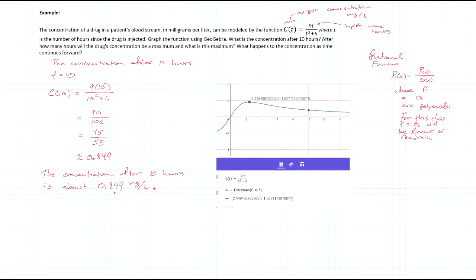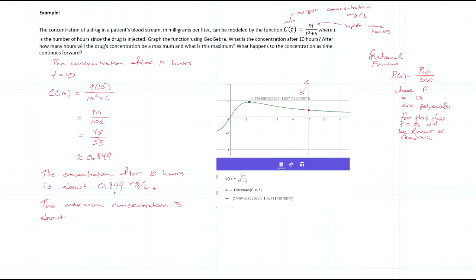Next question we're looking at is, after how many hours will the drug's concentration be a maximum, and what is that maximum? So that's this point that we are looking at here. So the maximum concentration is about, now keep in mind the outputs, the y values of the graph are the concentration, the inputs are the time.